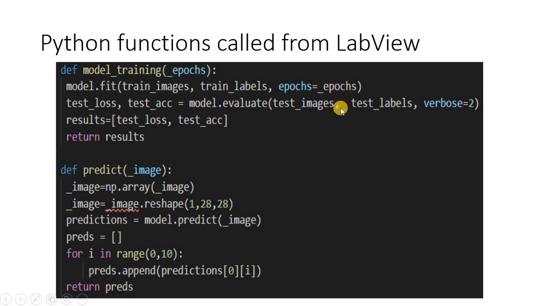Epochs is the number of times to train to achieve one full result. And here it has some more arguments. So this is being called through Python.